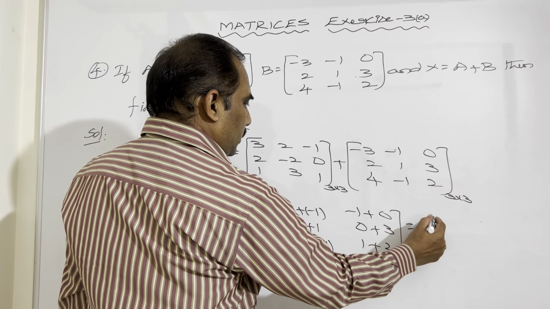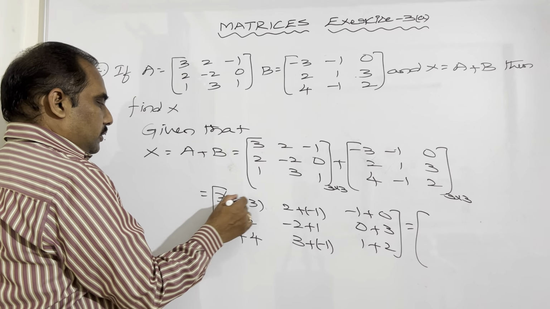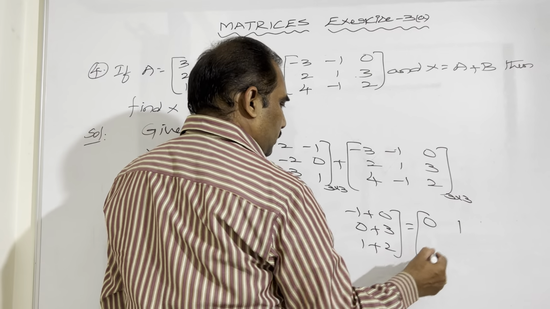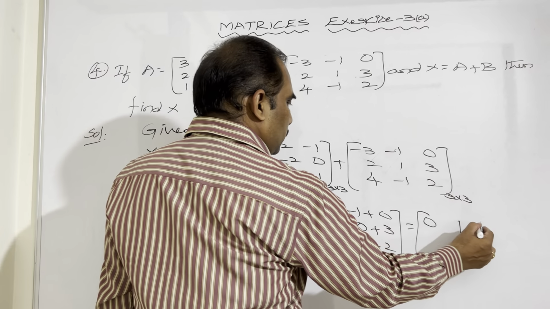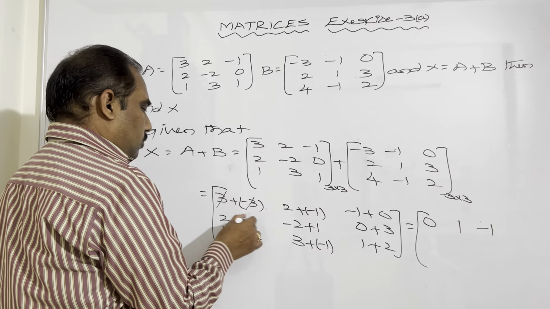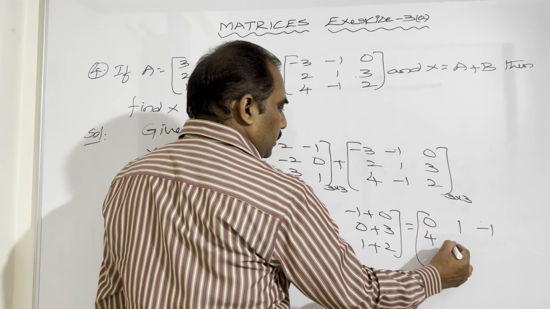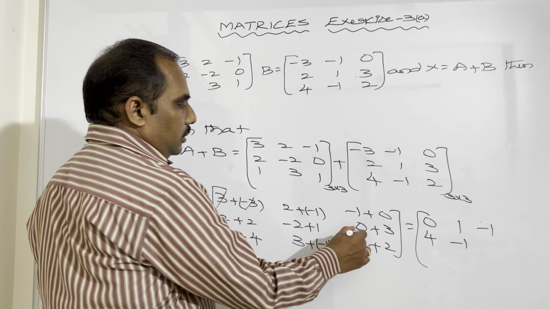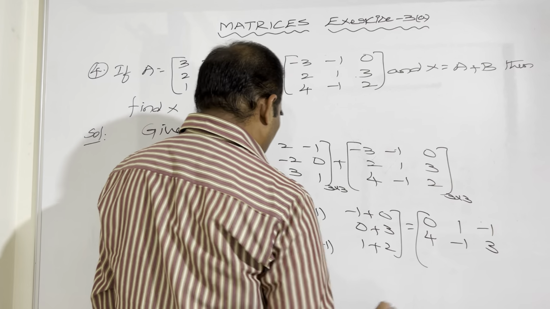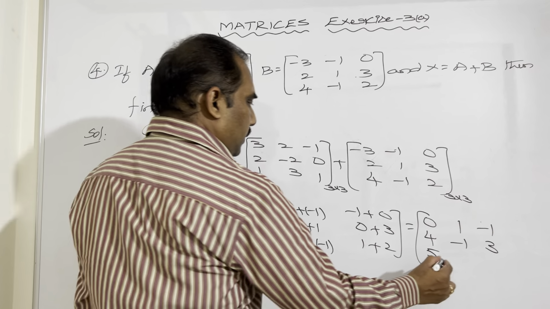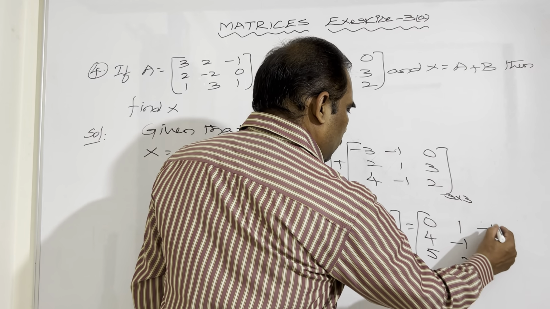Which is equal to, we get: plus 3 minus 3 gets cancelled, 0, and 2 minus 1, that is 1, and minus 1 plus 0, that is minus 1, and 2 plus 2, this is 4, and minus 2 plus 1, that is minus 1, 0 plus 3, that is 3, and 1 plus 4, which is 5, 3 minus 1, that is 2, 1 plus 2, that is 3.